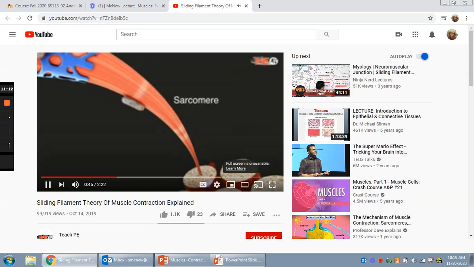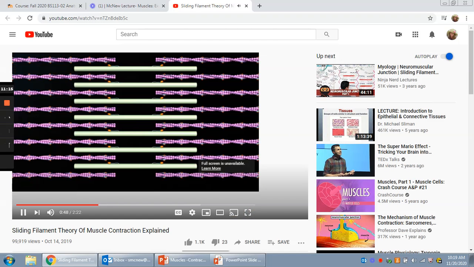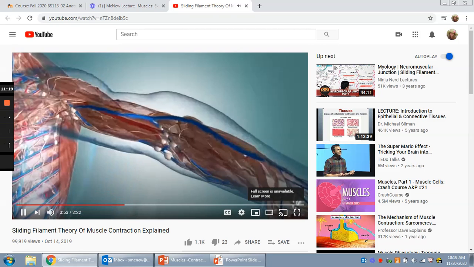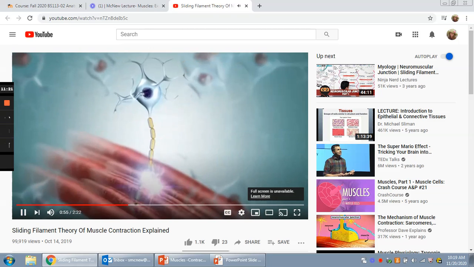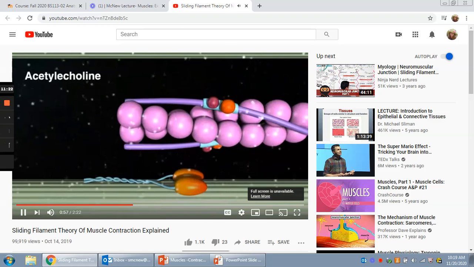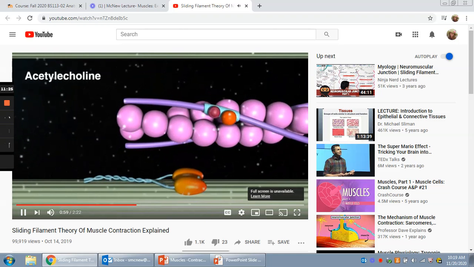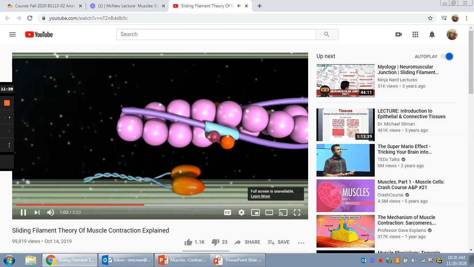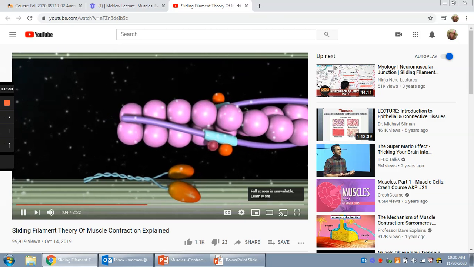If we look at a two-dimensional model of a sarcomere, it consists of actin and myosin. When a nerve impulse arrives at the muscle, it causes a release of a chemical called acetylcholine. The presence of acetylcholine causes depolarization, enabling calcium to be released from the sarcoplasmic reticulum.